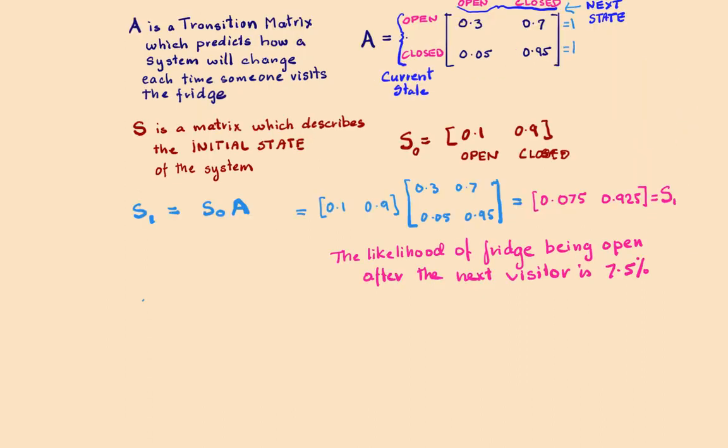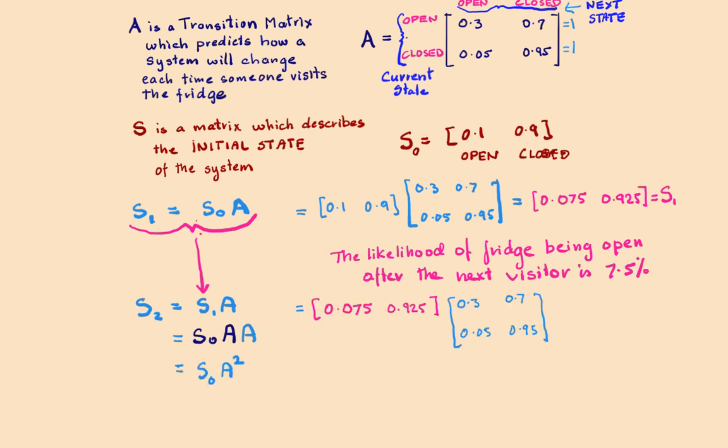And so when the second visitor comes, we can evaluate it by multiplying the new state after the first visitor with the transition matrix. Now, since S1 is really S0 A, we can substitute it in here, which can then be rewritten as S0 A squared. These matrices now describe the state after the second person has come into the room and opened the fridge.